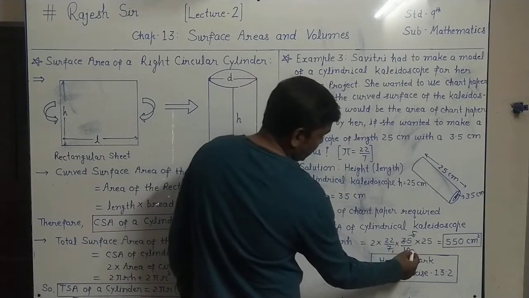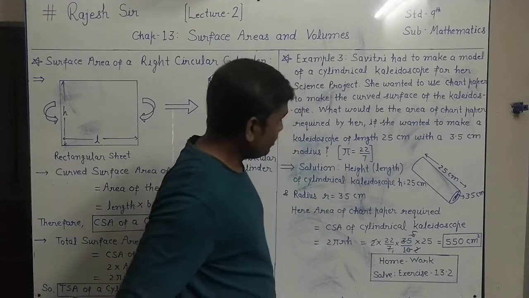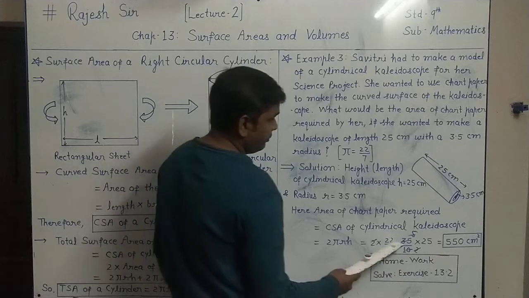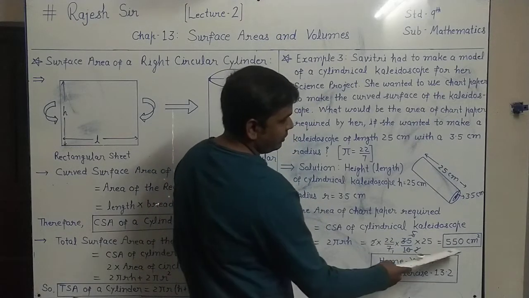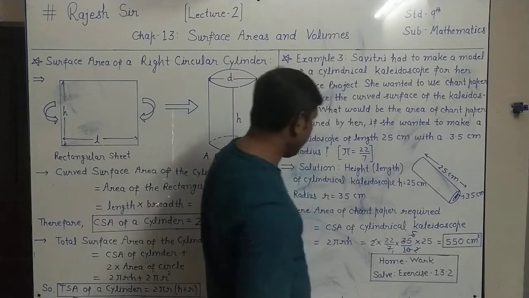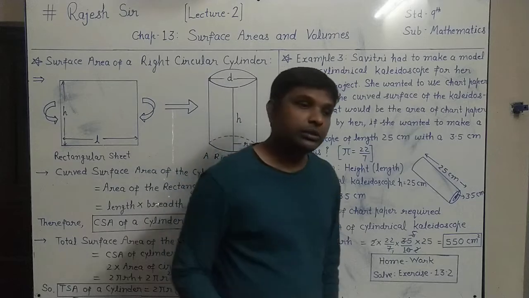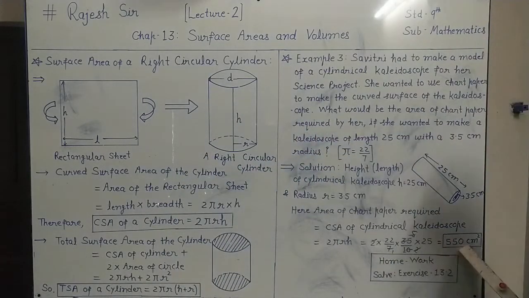Then 5 twos are 10 and 2 and 2 cancel. So 25 into 22: 25 twos are 50, it's 0, 5 carry. 25 twos are 50 and 5 is 55. So 550 centimeter square is the area of the chart paper required to cover this curved part of the kaleidoscope. So this way our answer is this.